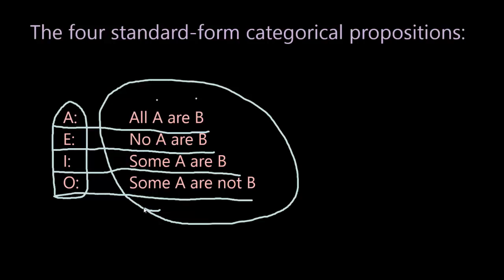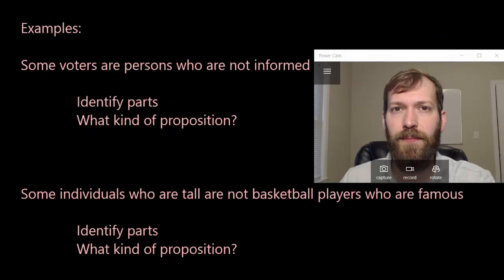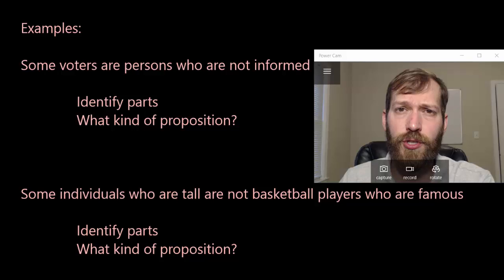That is, not change that same meaning. So let's practice identifying the parts of a categorical proposition. If we look at this sentence, some voters are persons who are not informed, think about which part is the quantifier, which part is the subject term, which part is the copula, and which part is the predicate term.